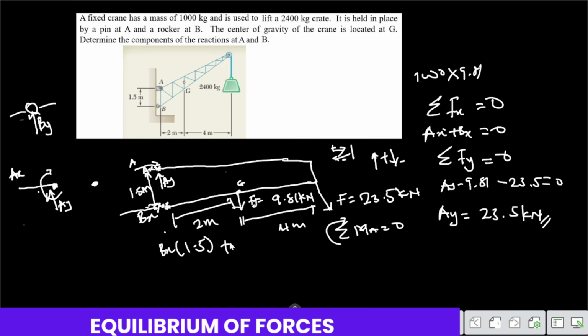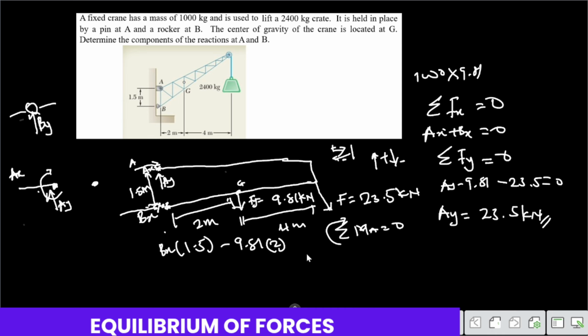It is moving in a clockwise manner. Realize that this one was moving anti-clockwise, that is why it is positive. But this one is moving down, so that means it's going to go clockwise. So that will give us negative. So minus 9.81 times the 2 meters.